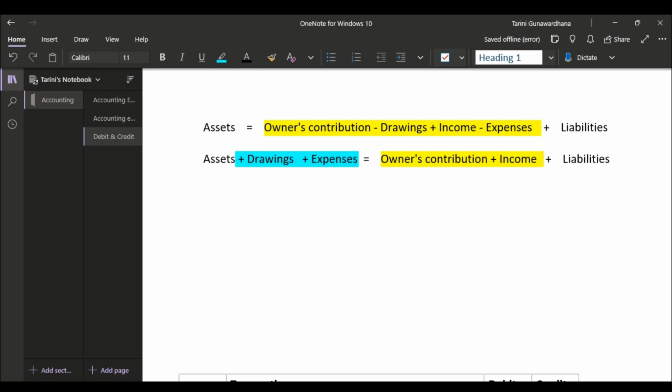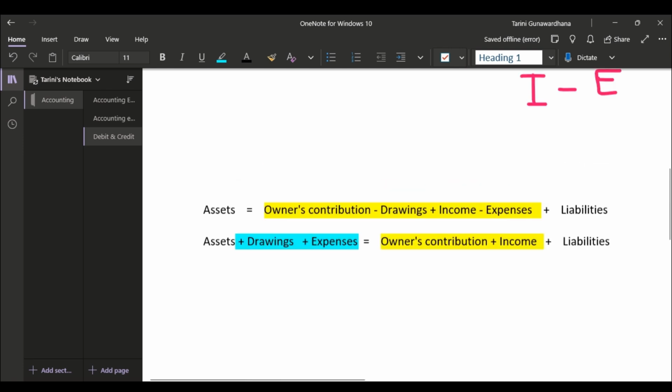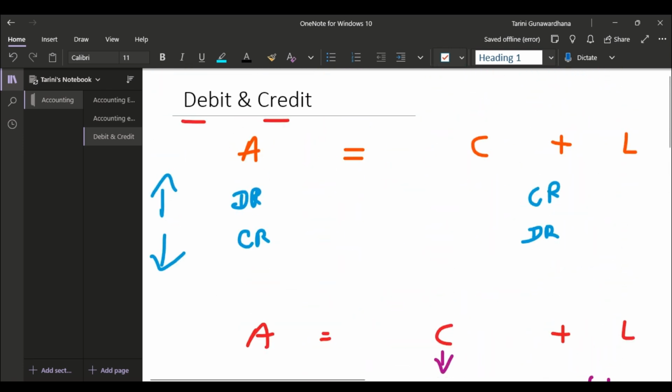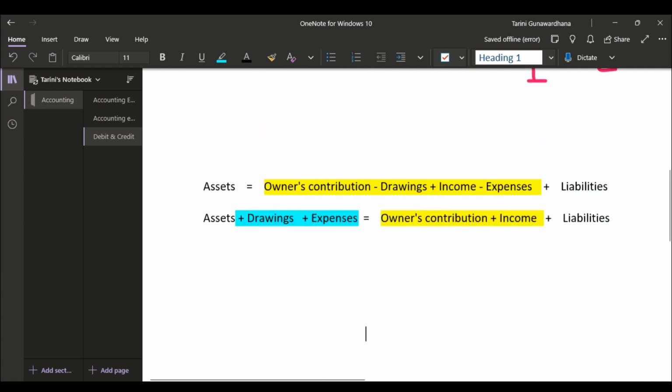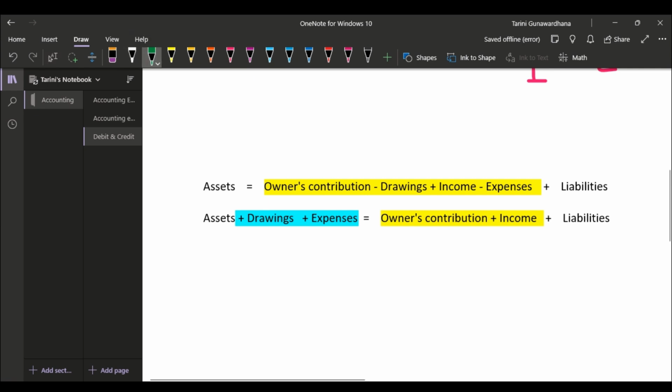Same case as before. Previously, it was a debit if assets increase, a credit when liabilities and capital increase. Just like that, if there is an increase in this side of the equation, it's a debit.